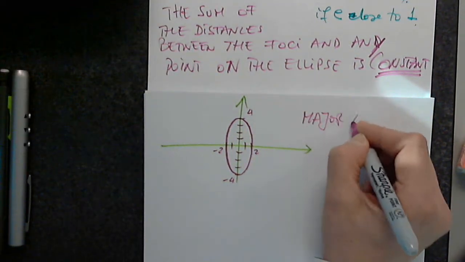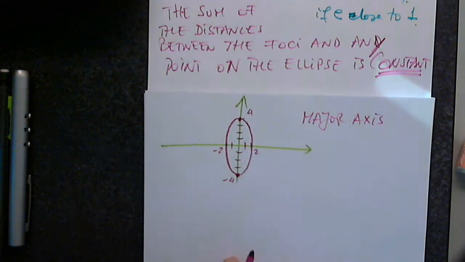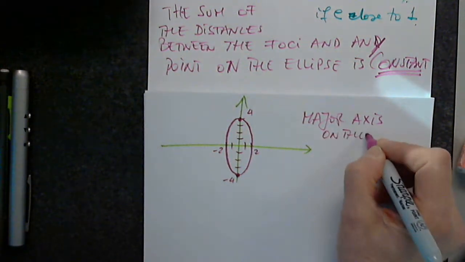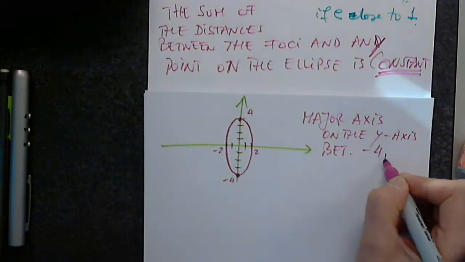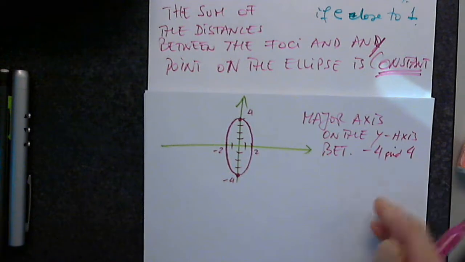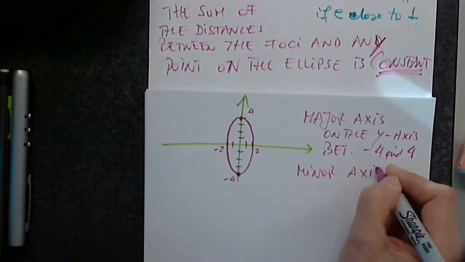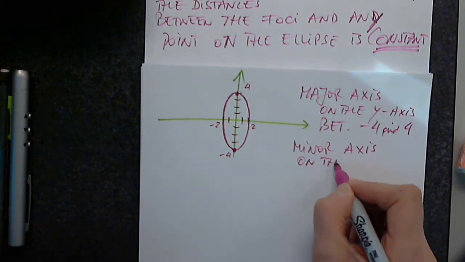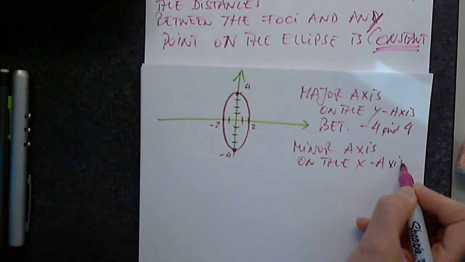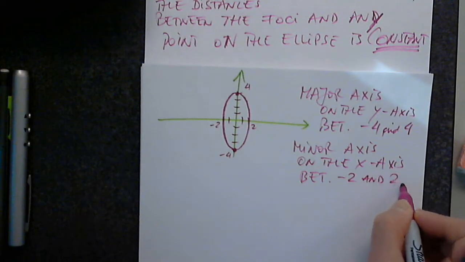The major axis is on the y-axis between -4 and 4. What will you say about the minor axis? Yes, on the x-axis between -2 and 2.